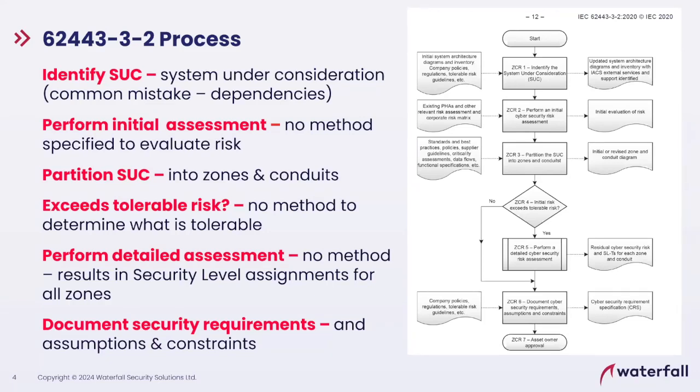NERC-CIP effectively forbids shared trusts. But it doesn't really say so. It's confusing. In the rest of the world, you don't have that kind of guidance. You might say my system under consideration that I need to secure is all of my stuff in the plant, not realizing you have these dependencies.